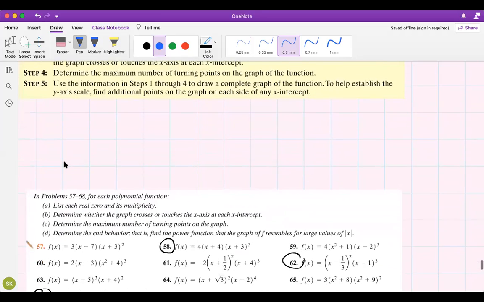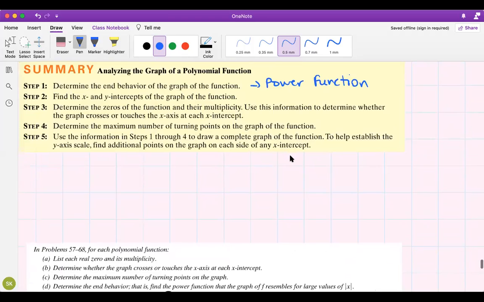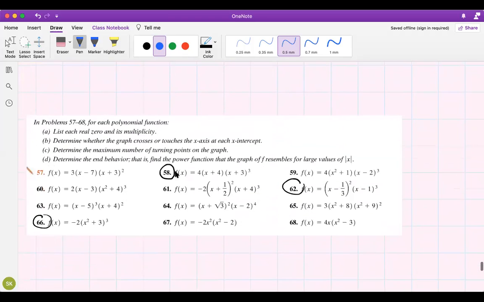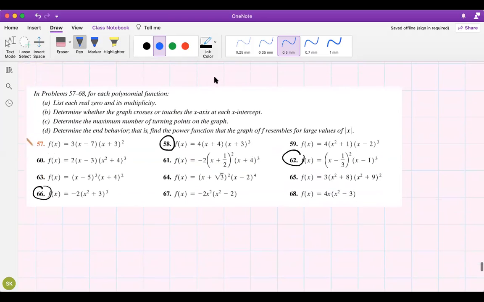Okay, so that's a lot of information. We're going to do some examples. Here I've chosen 3 examples that I would like to do with you. So for problems 57 through 68, again, this is problems from your book, it says for each polynomial function, you want to list each real zero and its multiplicity.